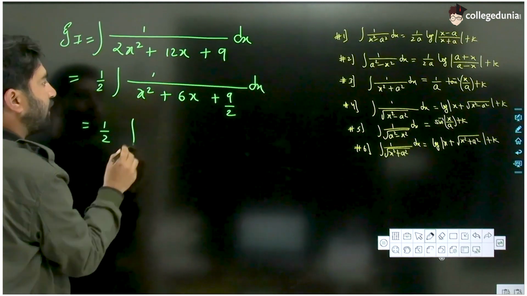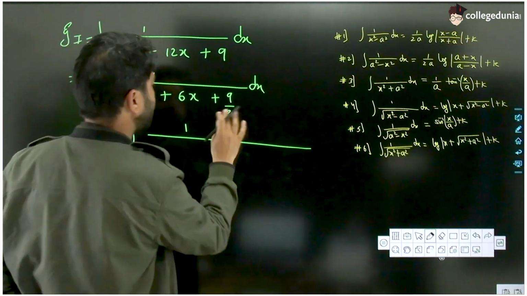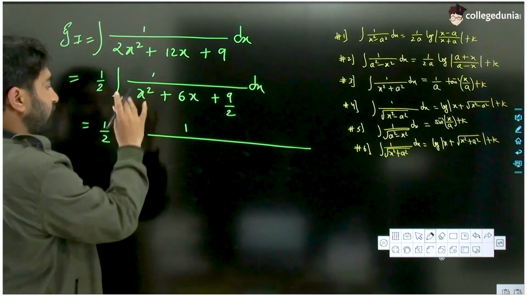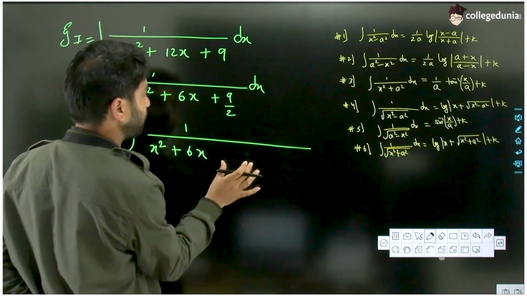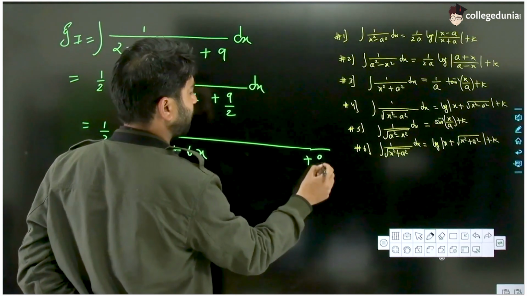Okay, so now we can use the completing square method in the denominator. What's that? First of all, we need to write x square plus 6x. Now we are going to save some space. Then we will write 9 by 2.